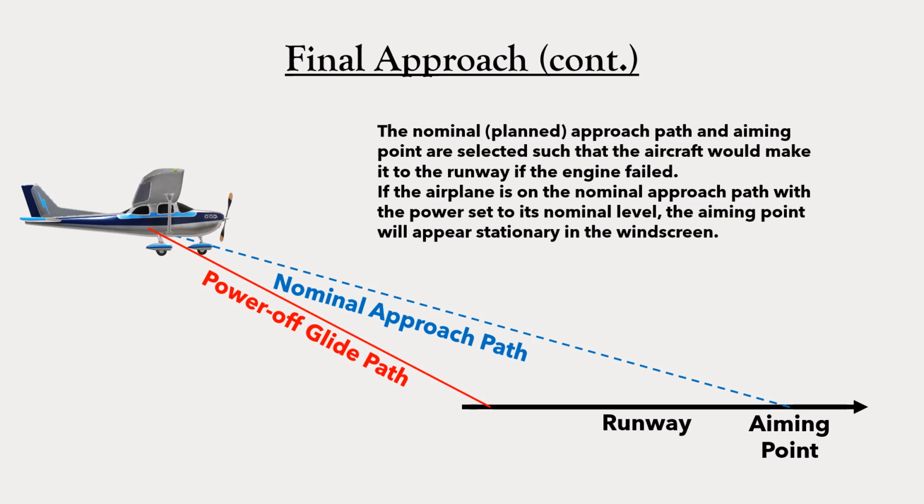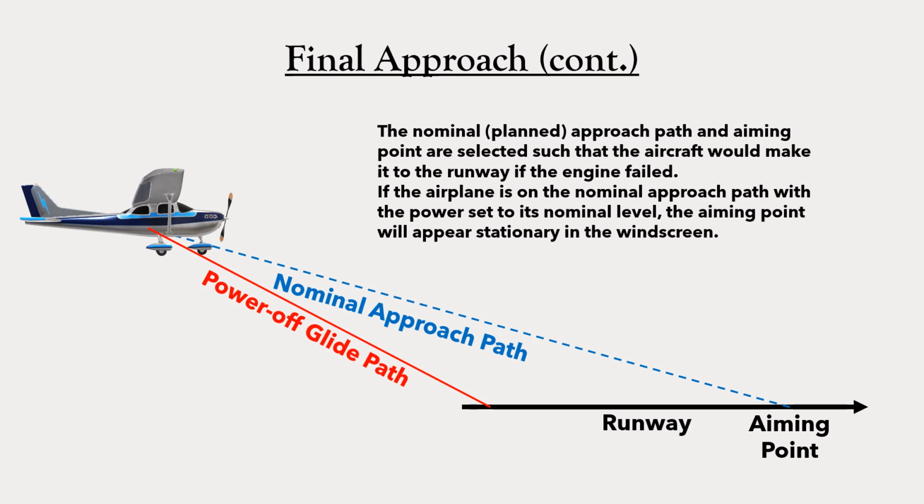So to illustrate this a little bit, here's a side view of a standard final approach. The dotted blue line here is the nominal approach path. That's what you're on average going for. And you select a nominal approach path and an aiming point that's a ways down the runway.